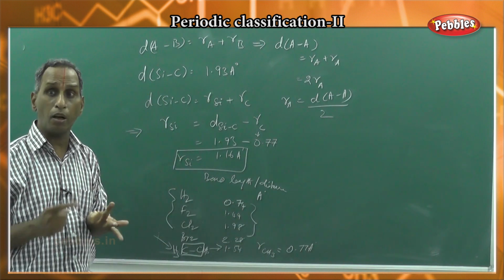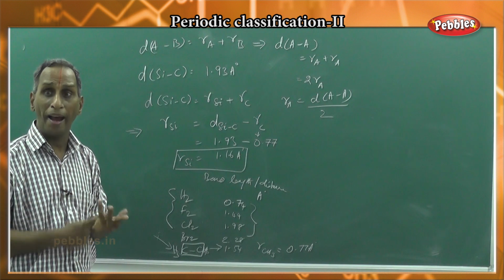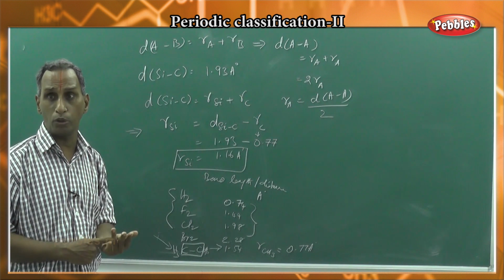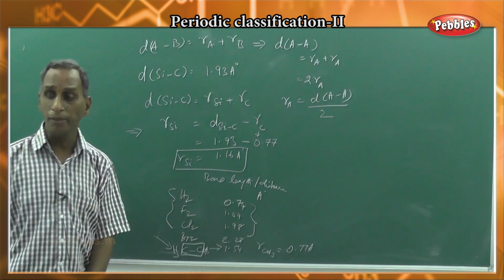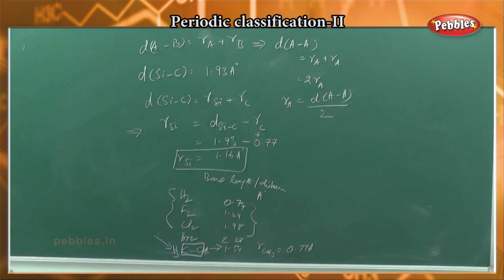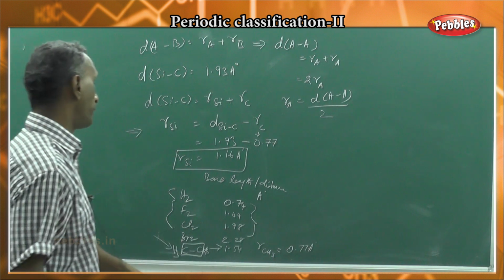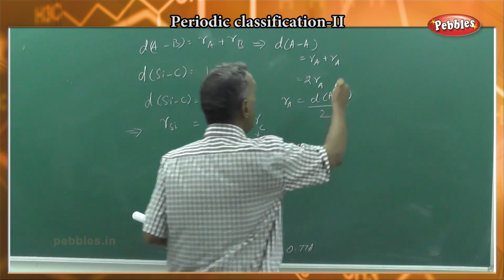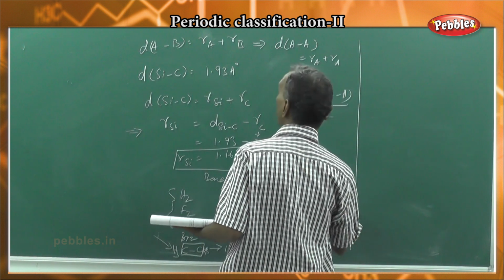So the radius concept can be adapted for atoms, ions as well as groups. Atoms are neutral, ions are charged species, and groups are collections of atoms which may be neutral or charged. So this is with respect to the atomic radii calculation.